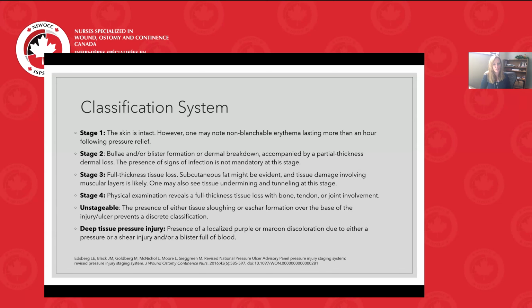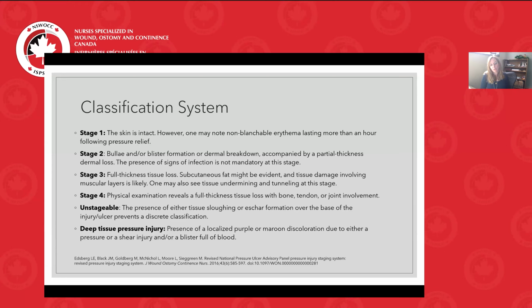A stage 2 is a blister formation or dermal breakdown. Sometimes people will get confused: is it a stage 2 if it's clear fluid, or what if I have a blood-filled blister? Blood-filled blisters are considered a deeper loss, so those are usually considered a stage 3 at least.